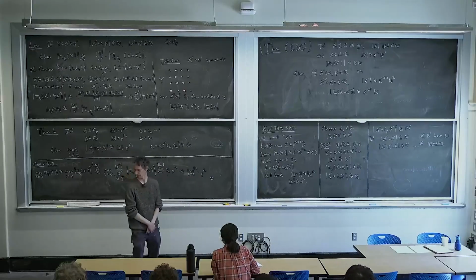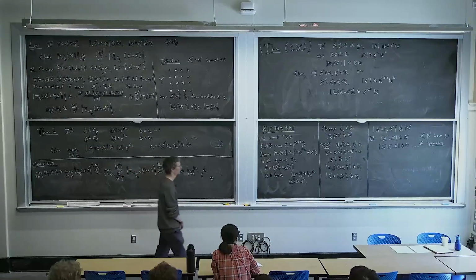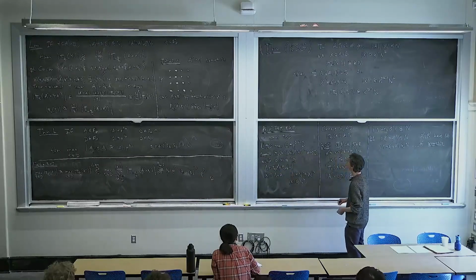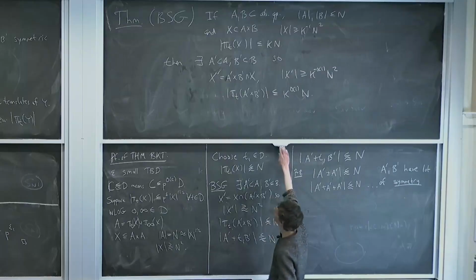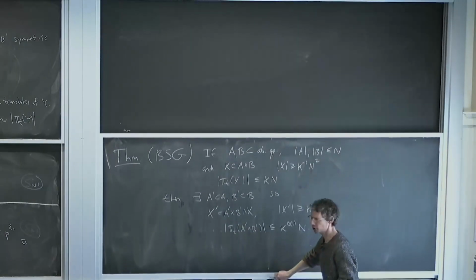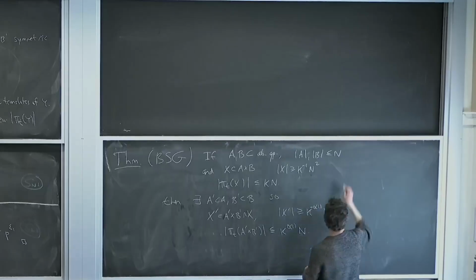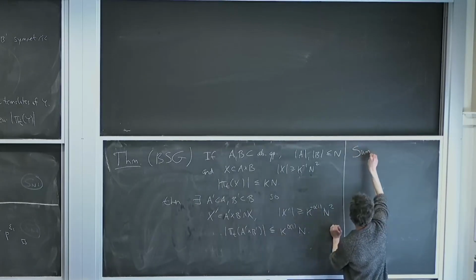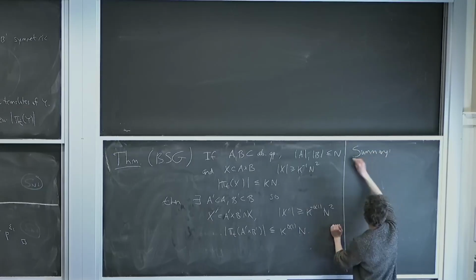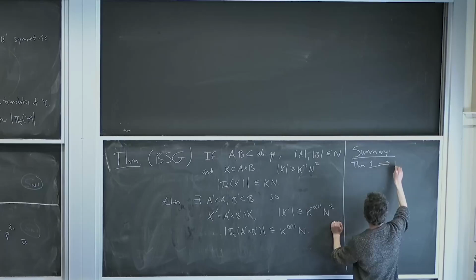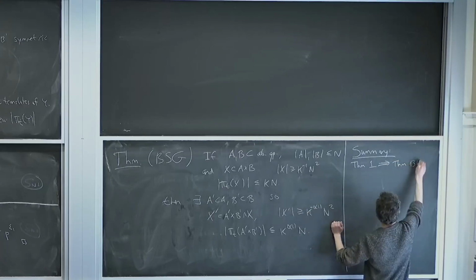Okay. Let me put up here a little summary of what we did, and then I'll let you look down from above at the whole thing. So we're trying to get from Theorem 1 to Theorem BKT.